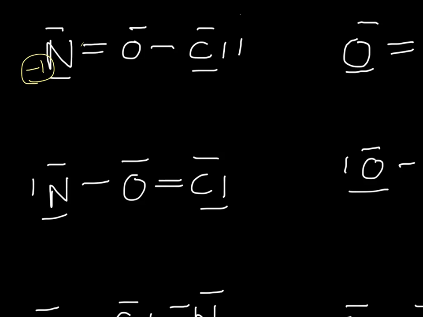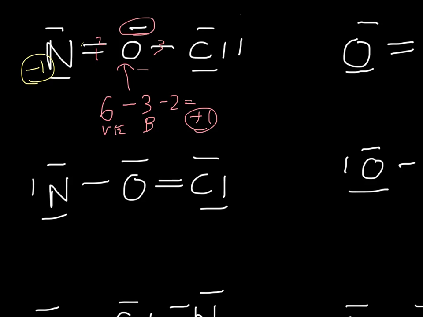Let's do our oxygen now. Oxygen's in group 6A, so it has 6 valence electrons. It's participating in 1, 2, 3 bonds, so minus 3 bonds. Then it has 2 lone electrons, so the formal charge is a positive 1 for our oxygen. Our chlorine has 7 valence electrons because it's in group 7A.